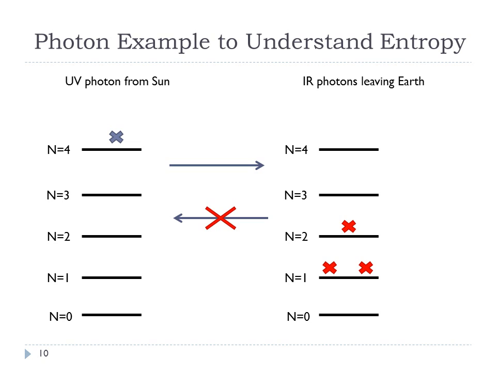The number of microstates is 1. So the entropy is equal to Boltzmann's constant times the logarithm of the number of microstates. The logarithm of 1 is equal to 0, so the entropy in the left case is 0.